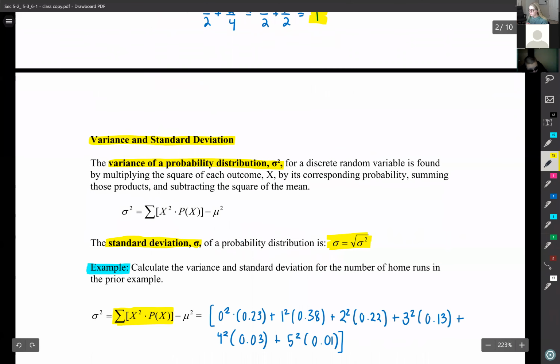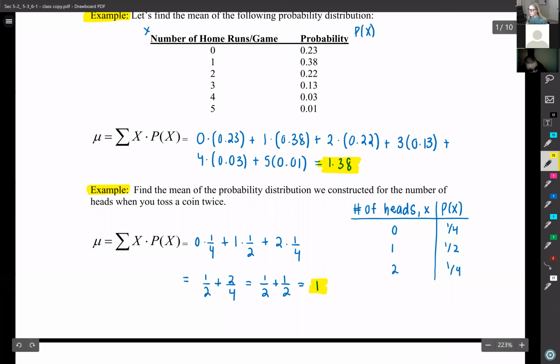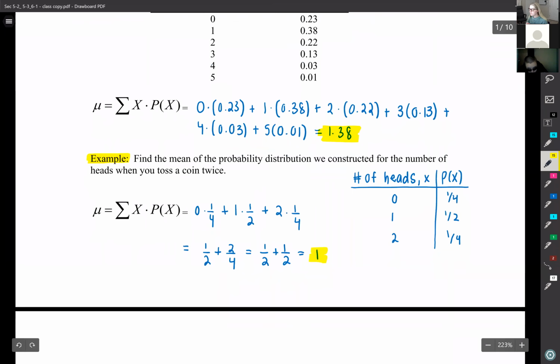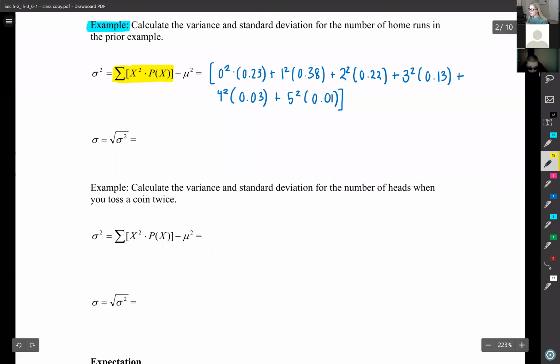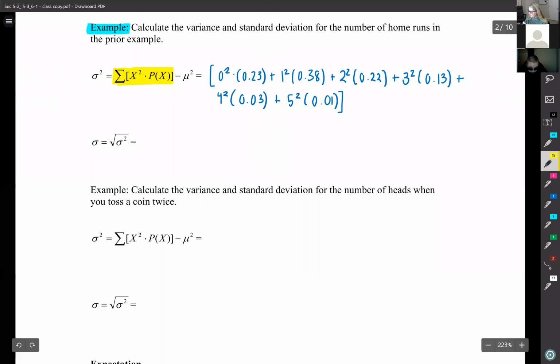So if you come back up to our example, we calculated the mean as 1.38. So I'll subtract 1.38 squared. All right, so I'm just going to use my calculator and go ahead and do all this.